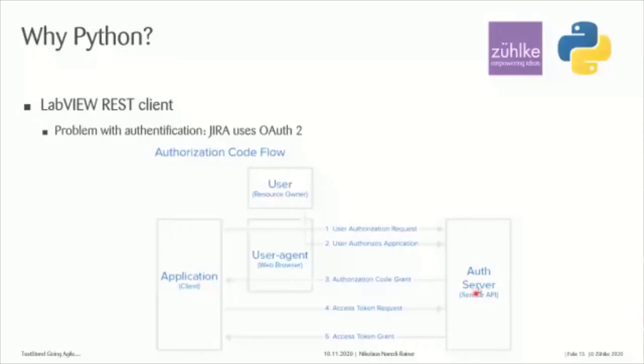Then a DevOps engineer has to go in via the browser and say, I know this PC, I know this token, and I can guarantee that this is the correct application. I authorize this application, and then you, as a client, get the authorization code granted, can do a token request and get the access token grant.